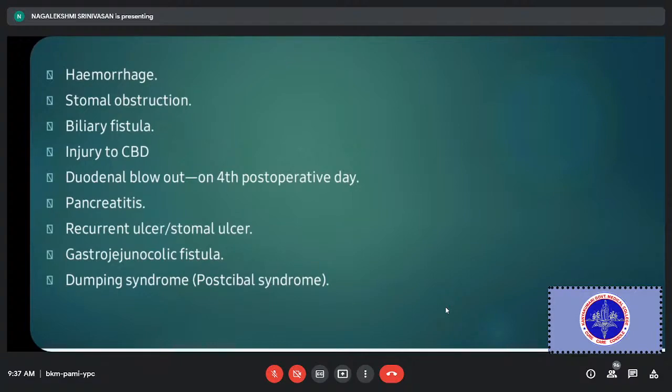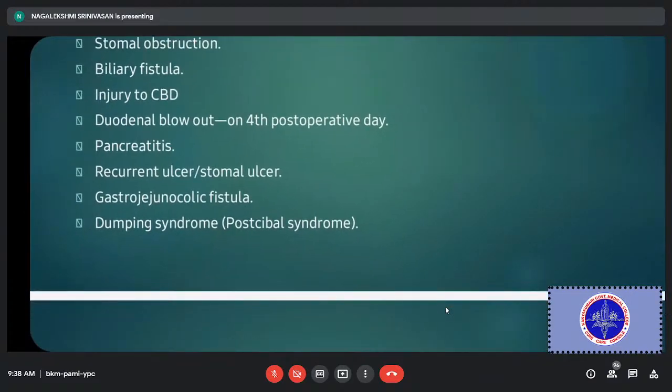So duodenal blowout is the commonest complication that occurs on the fourth postoperative day, and that is because of inadequate closure of the duodenum. So I am telling you, whenever there is a malignant ulcer with serosal involvement in the gastric region, mobilization will be difficult, and cutting the stomach end at the level of the first part of the duodenum also will be difficult.